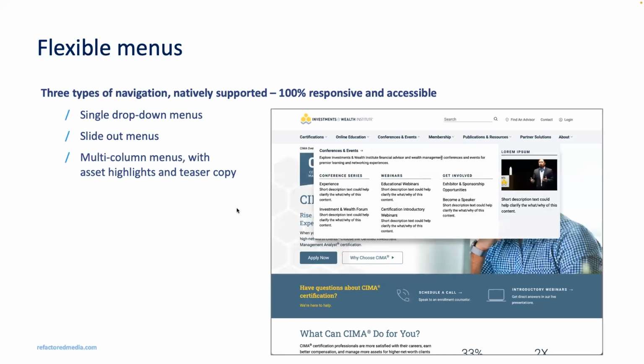And then finally is a multi-column menu that has the ability to create a little teaser copy. So these are three different navigation styles that we commonly see on websites, and they've been built in. Now, clearly, they're all going to be customized to the style and brand of your organization, but the underlying structure is there for leveraging quickly.